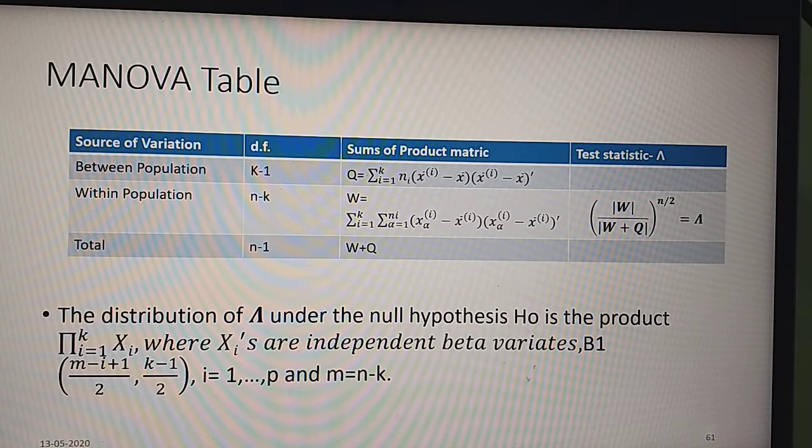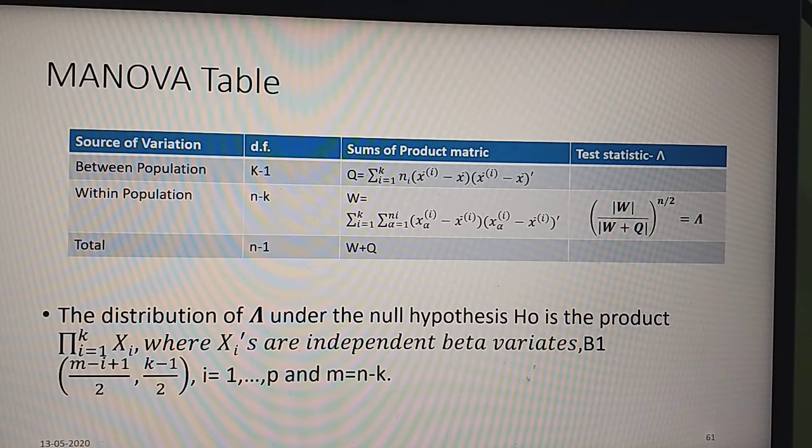So the test statistic lambda, as we have seen in the last theorem, is determinant W by determinant W plus Q, to the power n by 2. This statistic, which we denote by capital lambda, is generally known by the name Wilks lambda.